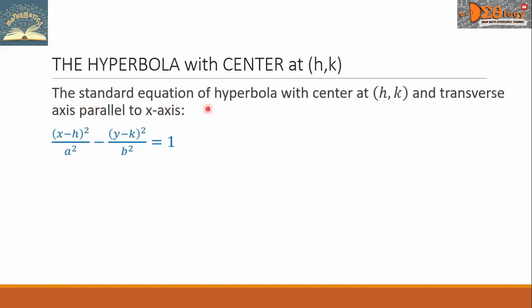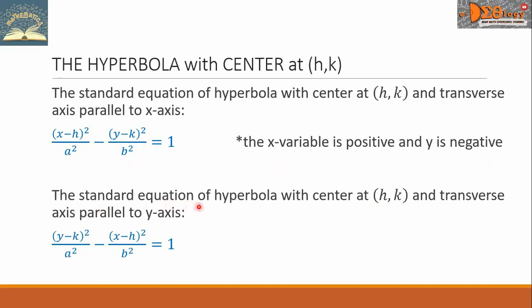The standard equation of hyperbola with center at (h, k) and transverse axis parallel to the x-axis is here. The square of (x − h) over a² minus the square of (y − k) over b² equals 1. Take note that the x variable is positive and y is negative.